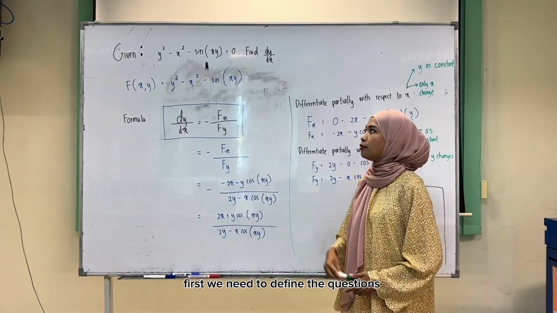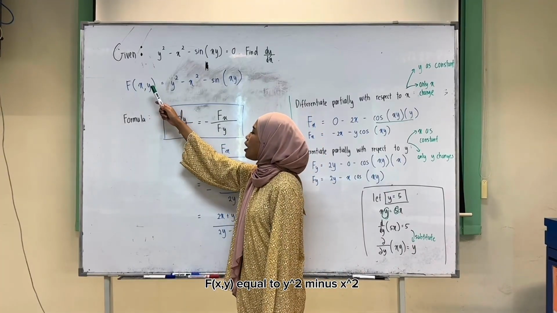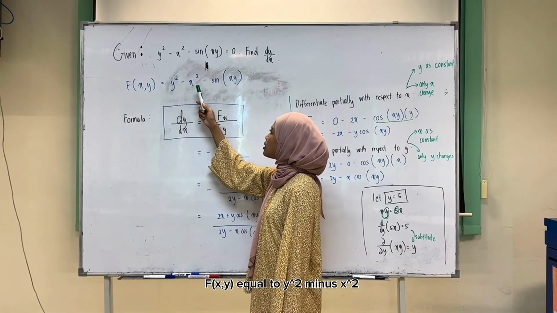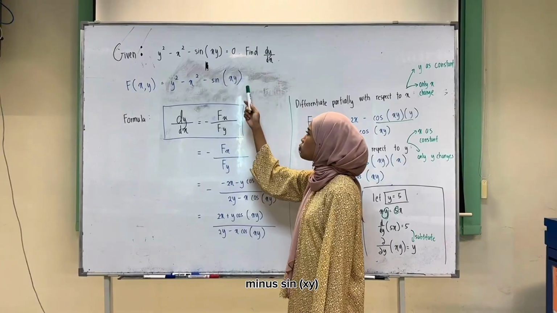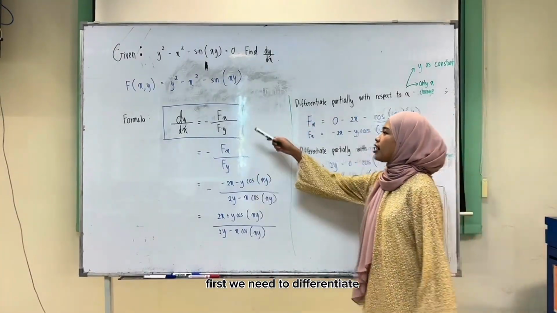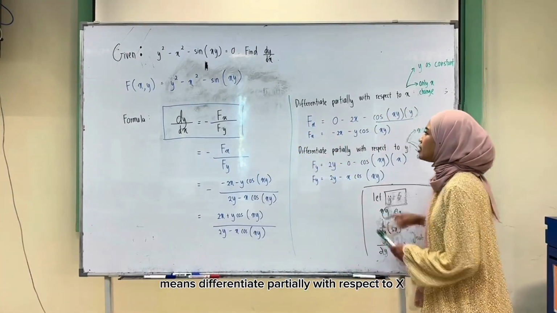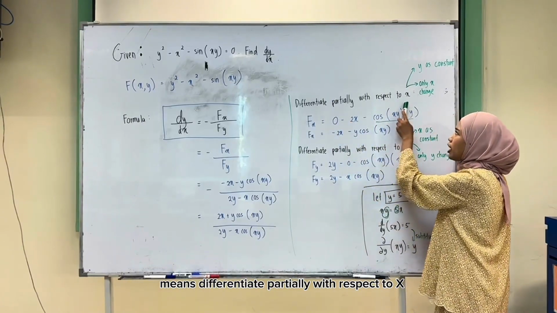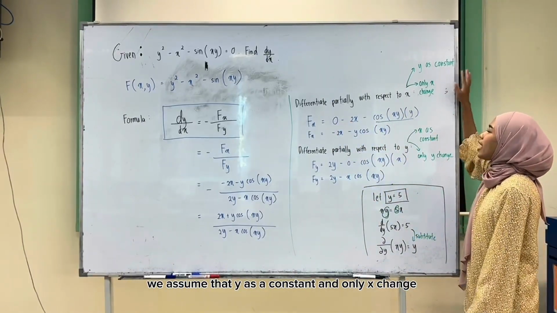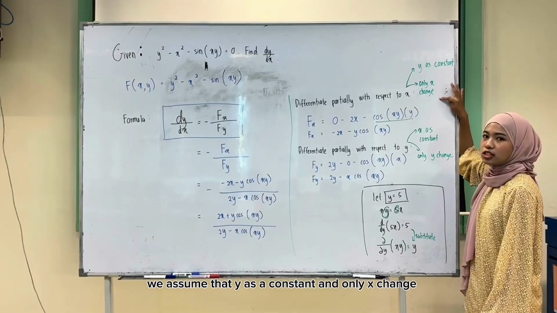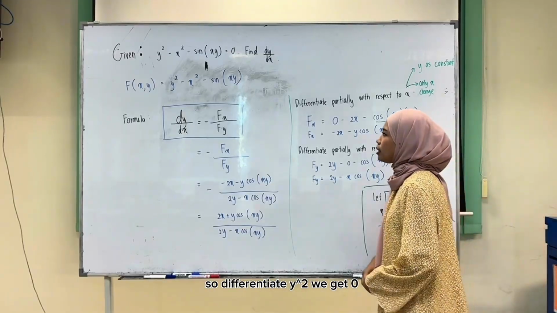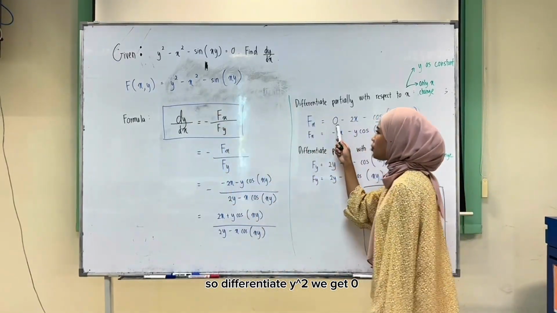First, we need to define the equation. F of x and y equal to y squared minus x squared minus sin of xy. First, we need to differentiate f sub x, which means differentiating partially with respect to x, assuming that y is a constant and only x changes. So, differentiate y squared, we get 0.